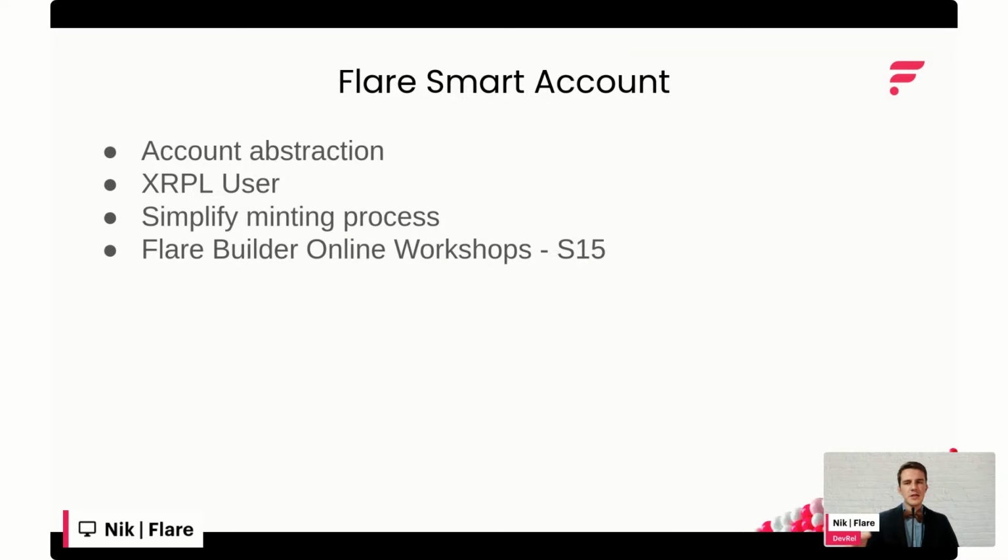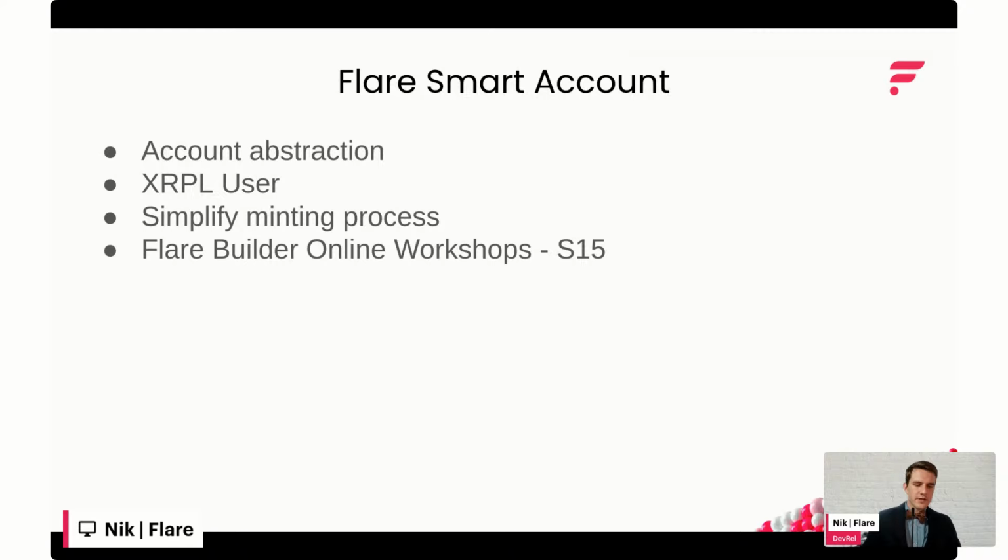So this XRPL address to which the personal account belongs is the only address that can control it. And so the personal account acts as a normal EVM account. But it again can only be controlled by the XRPL account it belongs to.